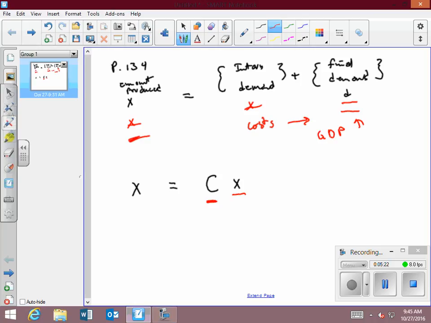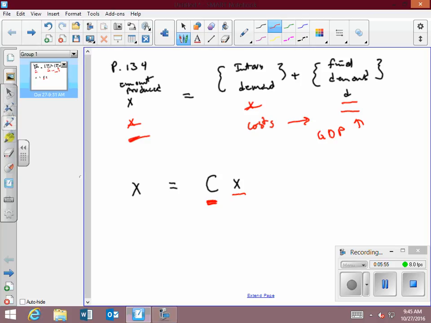So this C right here includes vectors that are costs, and everything's got to be in dollars. You don't do it in terms of units. You do it in terms of dollars. The X is in dollars of production. The C is in dollars of items that are bought from different sectors to produce X dollars worth of product.